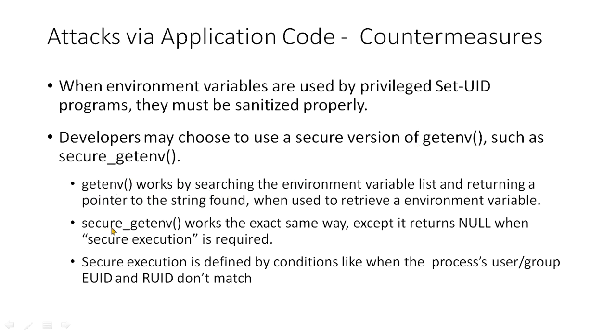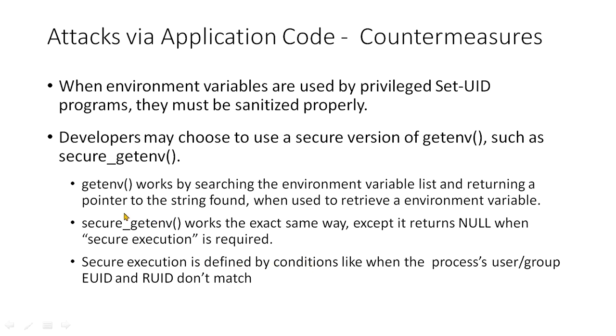But if we use secure_getenv, this function will check if the effective user ID and the real user ID are different. That means this is a setuid program. Then the secure execution will ignore some environment variables that are considered dangerous. For example, the PATH environment variable will be ignored. The LD_PRELOAD environment variable will be ignored.